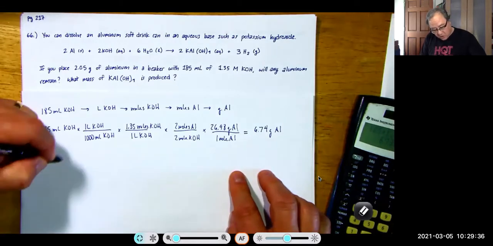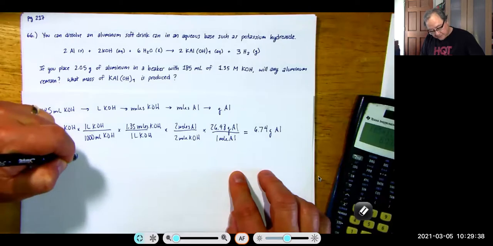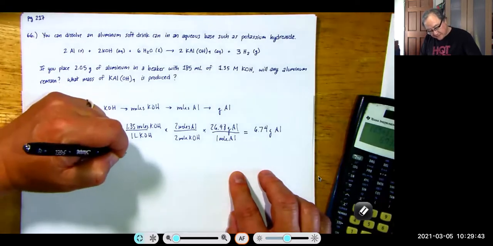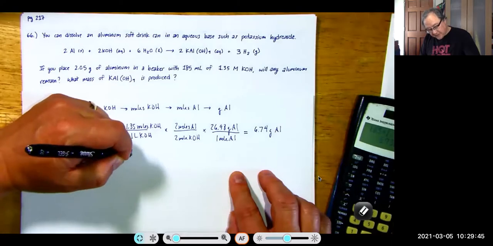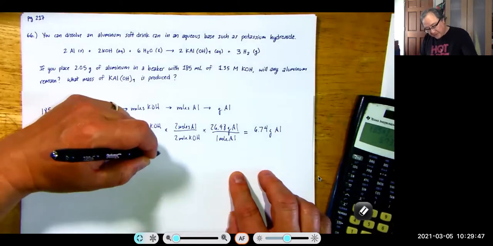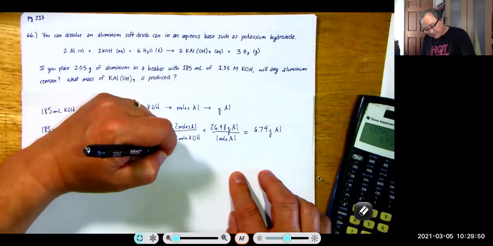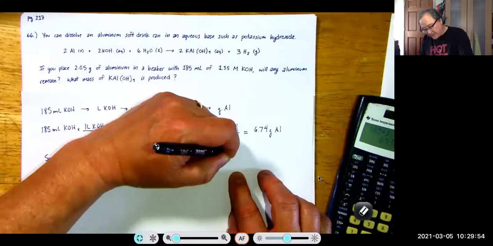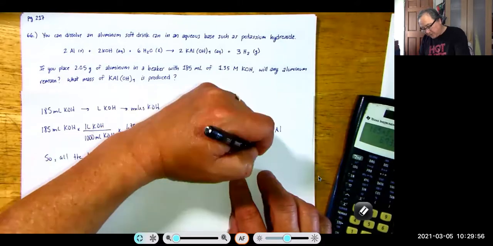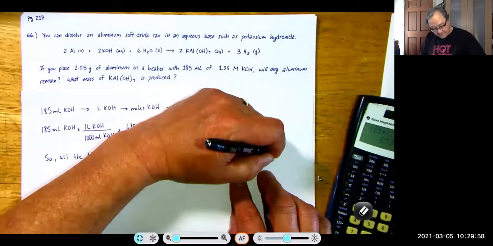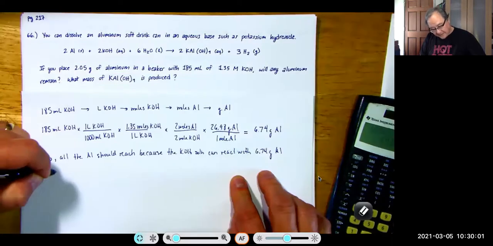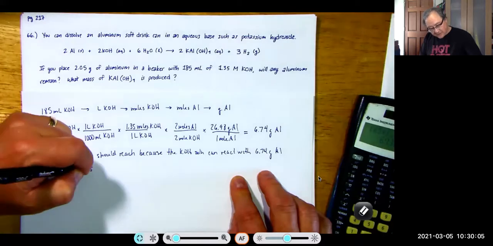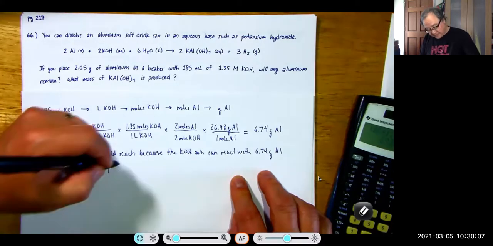So all the aluminum should react because the KOH solution can react with 6.74 grams of aluminum, and the can is only 2.05 grams.